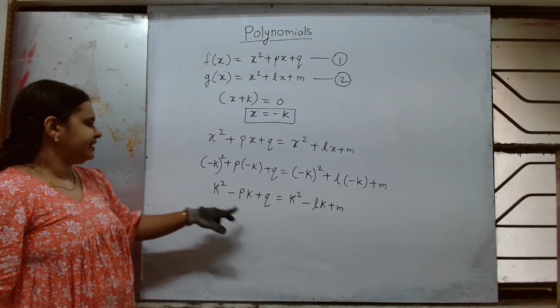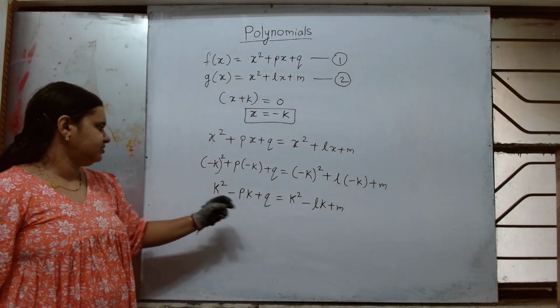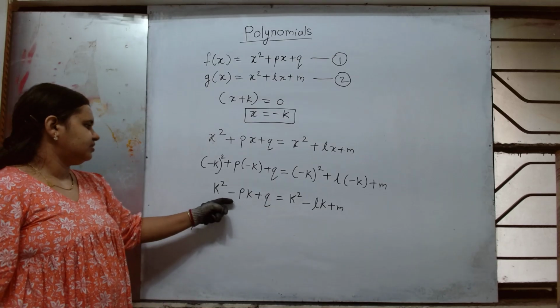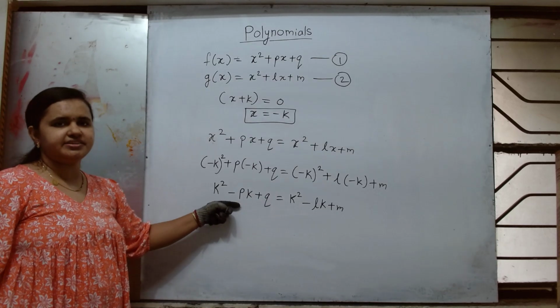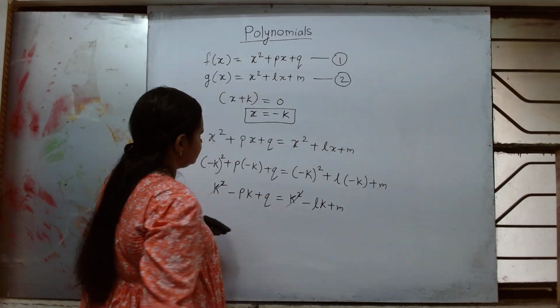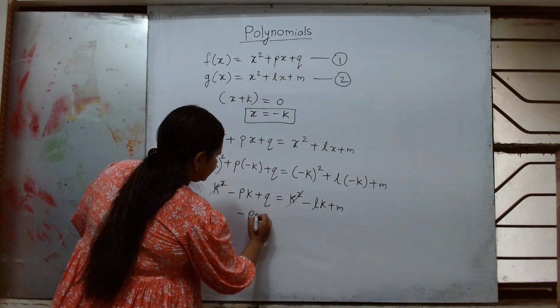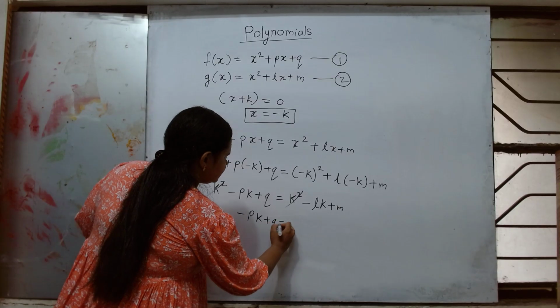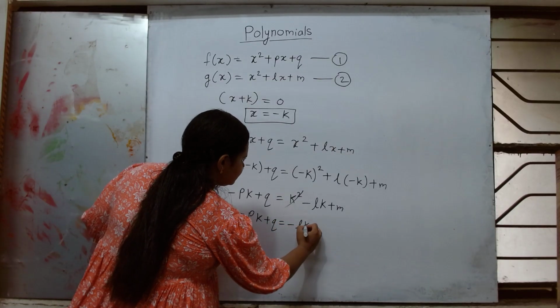Now k square on the left and k square on the right cancel. So pk plus q is equal to minus Lk plus m.